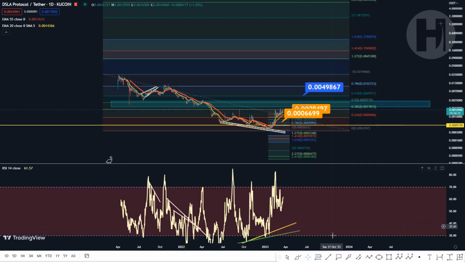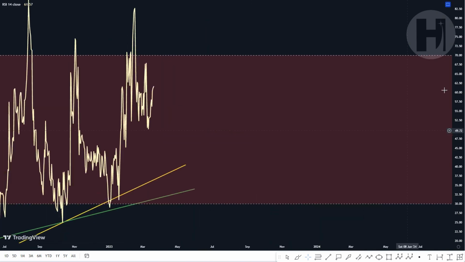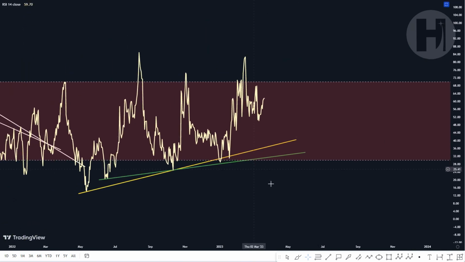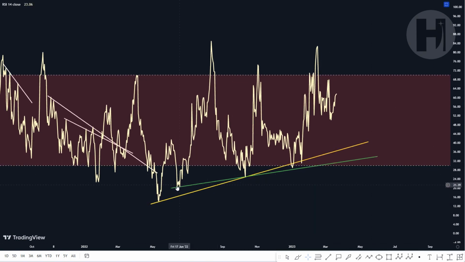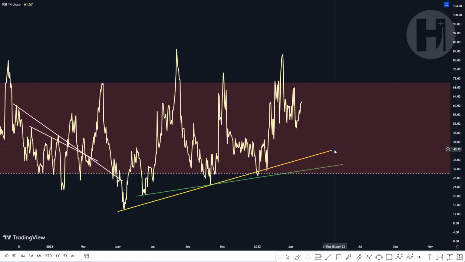If we take a look at the daily RSI, let's see what's going on here. The yellow and the green support trend lines are something that you want to be keeping an eye on, because we did see multiple bounces from all of these. And potentially, if we continue pulling back down, if Bitcoin hopefully sees a pullback, maybe March 22nd after the FOMC meeting, we might see a pullback.